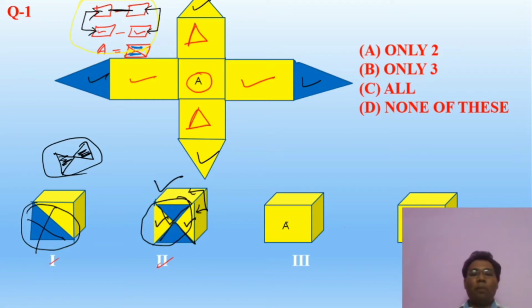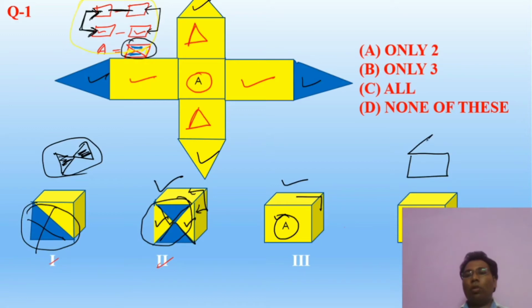In the third option, we have A here, meaning this figure is on the opposite side. This is correct, and these are two blank figures. So there is a possibility that these two blank figures might be this. So the possibility is there. So this is also possible, and this figure I am drawing here for your convenience.